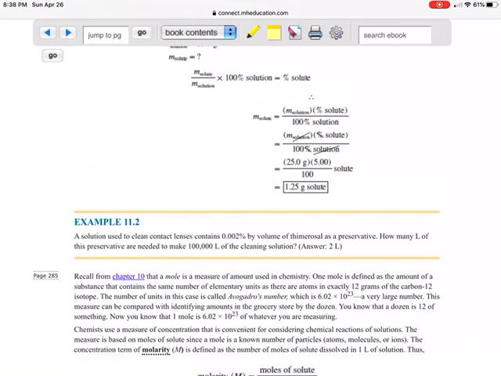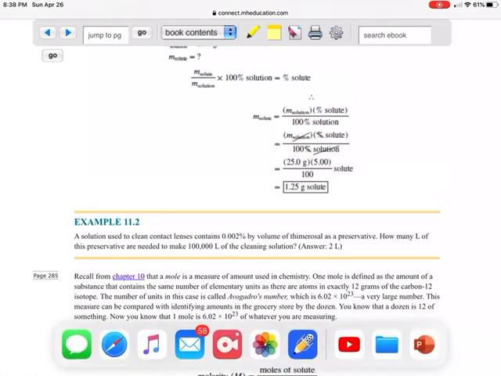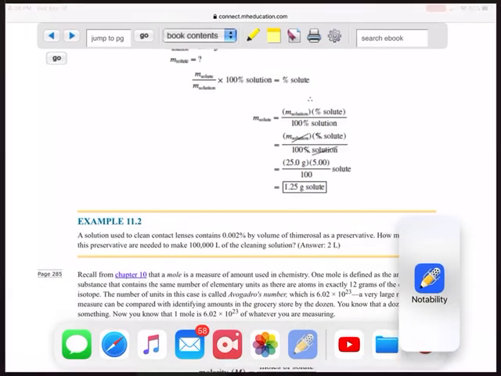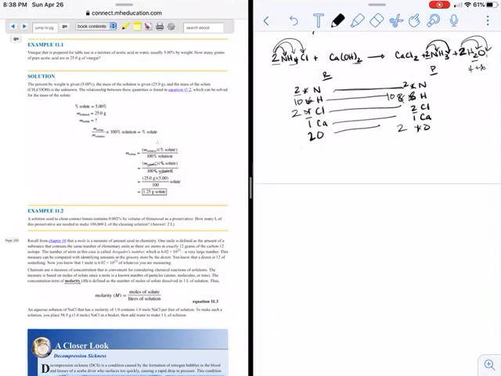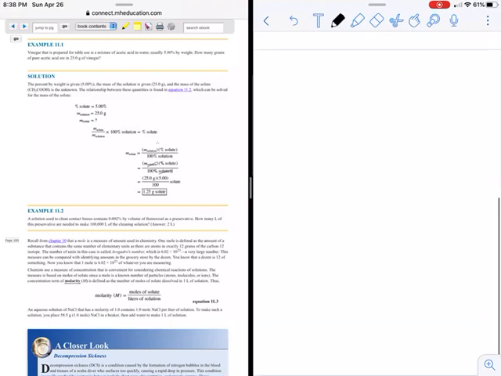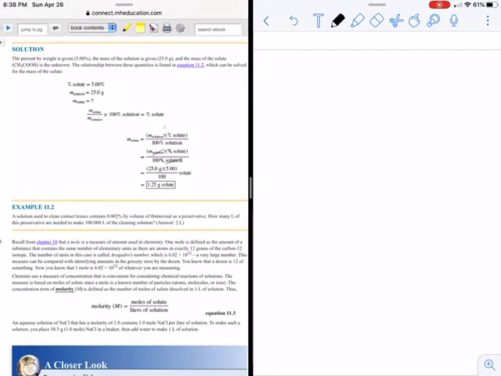Okay, so if you did the same thing for this 11.2 here, let me see if I can bring up this notes thing. Kind of scroll up here. Okay, this is saying that a solution used to clean contact lens contains 0.002% by volume of thimerosal.